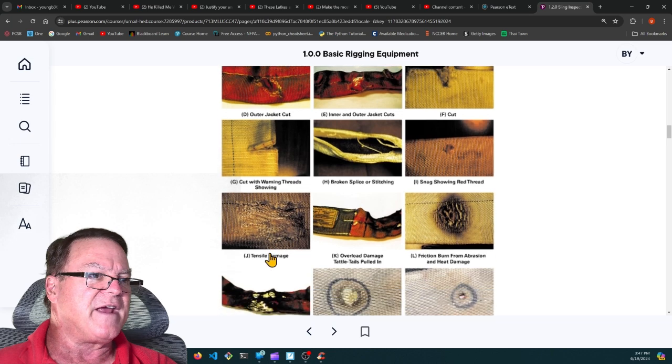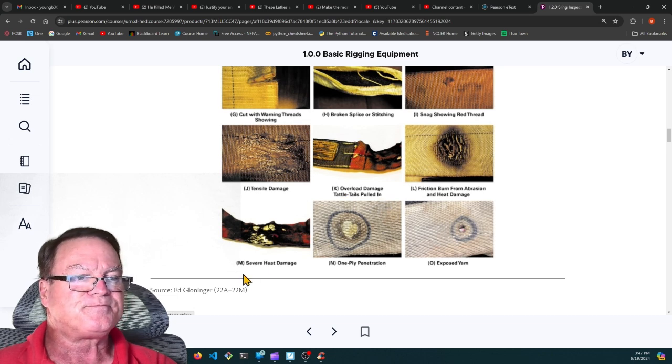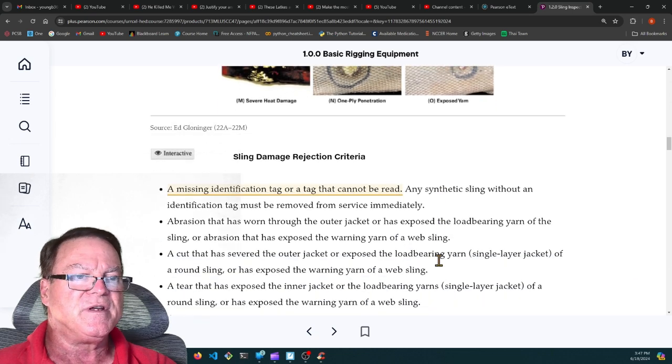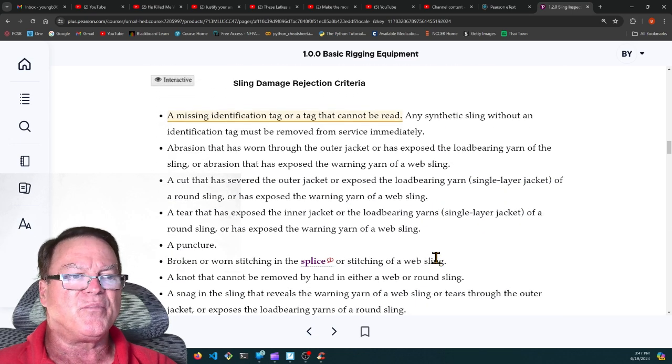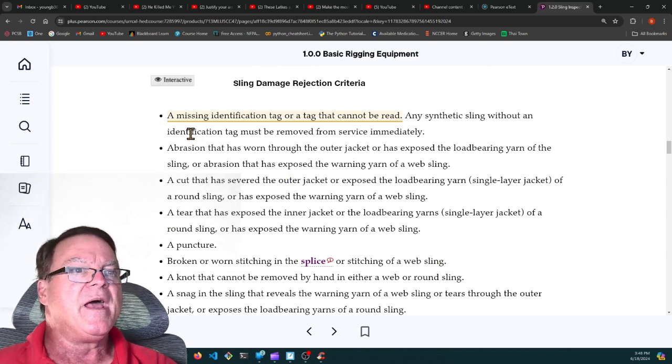Tensile damage, they have friction burns. Here's overload damage, the tattletales are pulled out. Severe heat damage, or one-ply penetration or exposed yarns, any of those. And if any of those are present, the sling needs to be discarded or taken out of service.